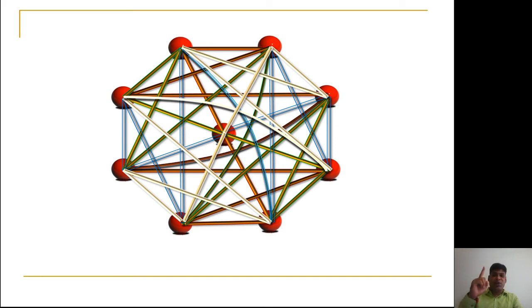Now there are 9 vertices, each has degree 8, and such a graph has to be a complete graph. A complete graph Kn is a graph in which every vertex has n minus 1 degree. So this is K9, complete graph on 9 vertices where every vertex has degree 8.